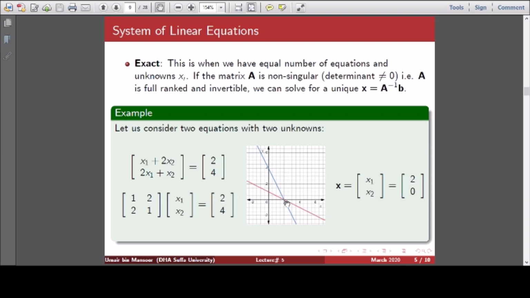So this common point is what you get when you solve this system of equations. So you take this matrix A and invert it and multiply it by the vector B. So you get the vector X, which is the solution.